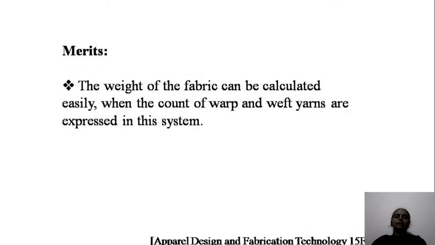What are the merits of the indirect system? The weight of the fabric can be calculated easily when the counts of warp and weft yarns are expressed in this system.